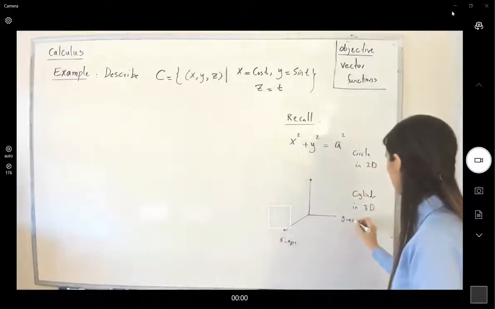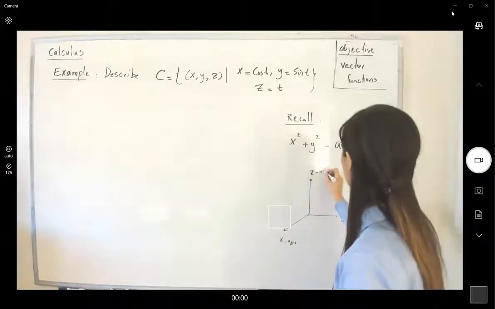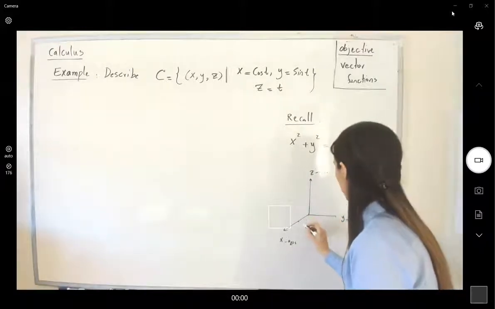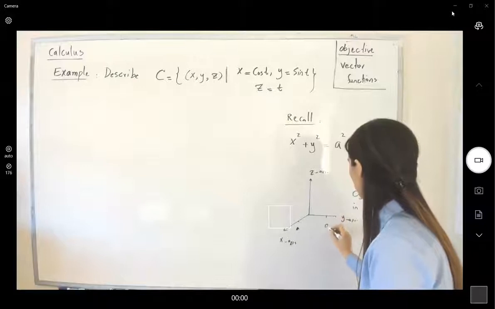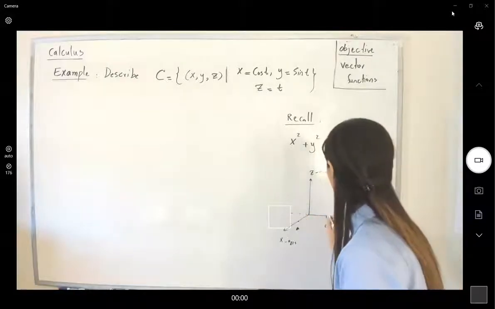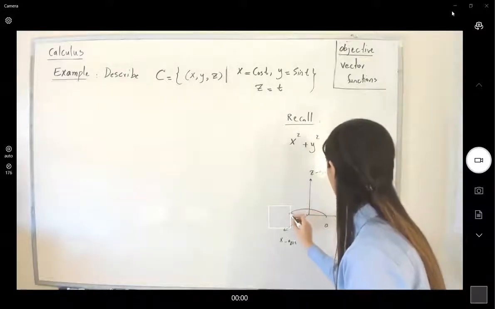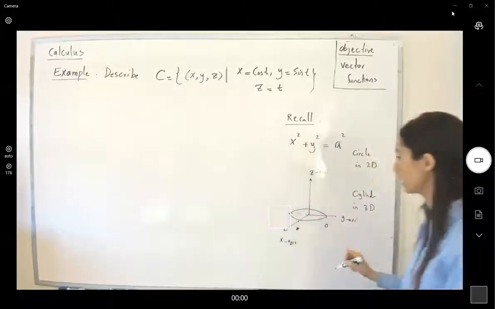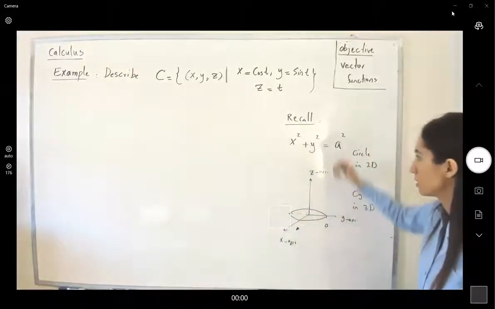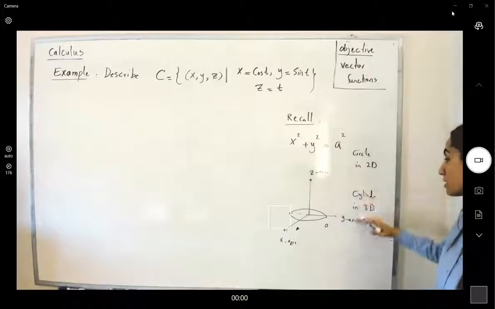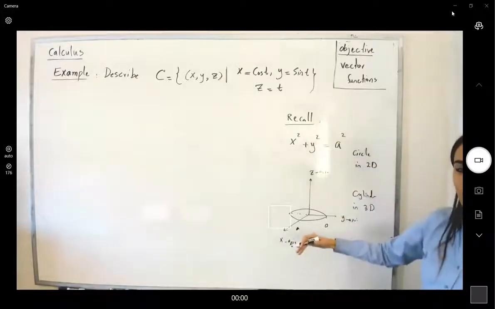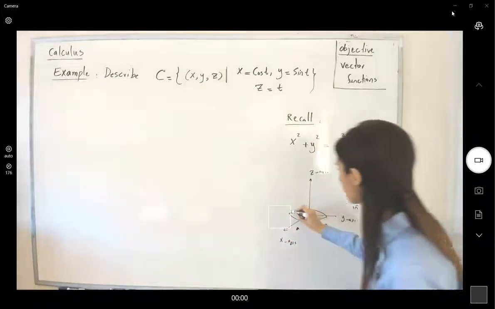Here we have the x-axis, here the y-axis, and here the z-axis. So here you have a circle, and the projection of the cylinder on the xy plane is a circle.